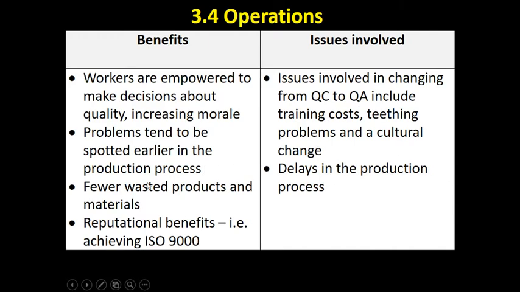Okay, if a problem is spotted early and the production line is stopped, say there's an issue with the cleanliness of one of the machines that's crushing the nuts for the groundnut oil, and somebody spots that immediately, then the production line can be halted, the machine can be cleaned, and production can continue. If we're waiting for an inspector to realise that, well, we could process a whole load of nuts that then can't be used.